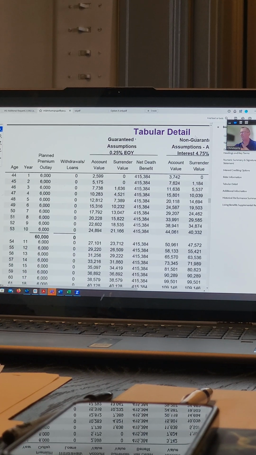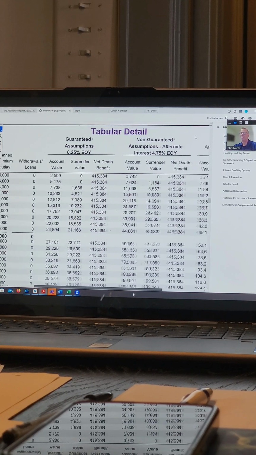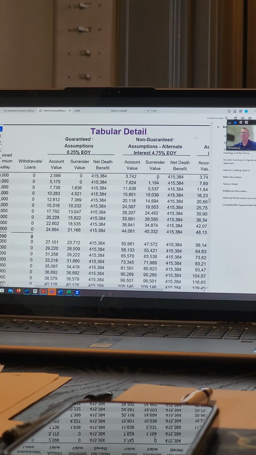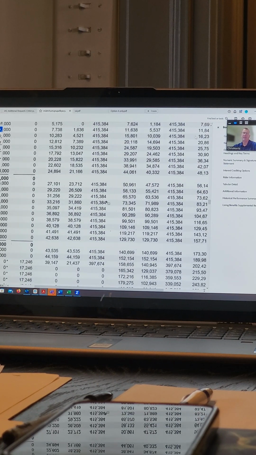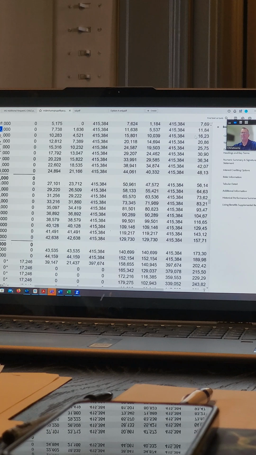In this scenario, we're using the internal workings of an insurance contract to grow value internally in the contract. So we're paying $6,000 a year, and the idea is it's going to grow tax-free inside of this vehicle. We ran it 22 years, and at the end of these 22 years, we're going to take an income off of this, and it paid about $17,000.